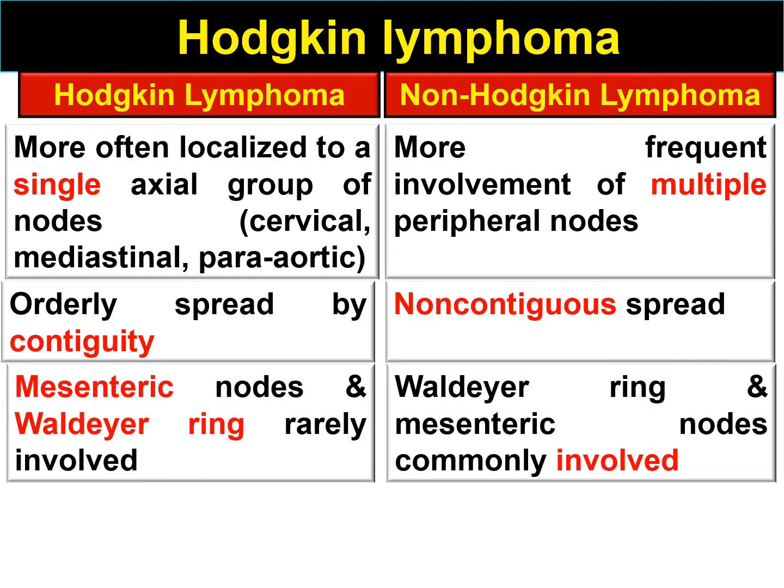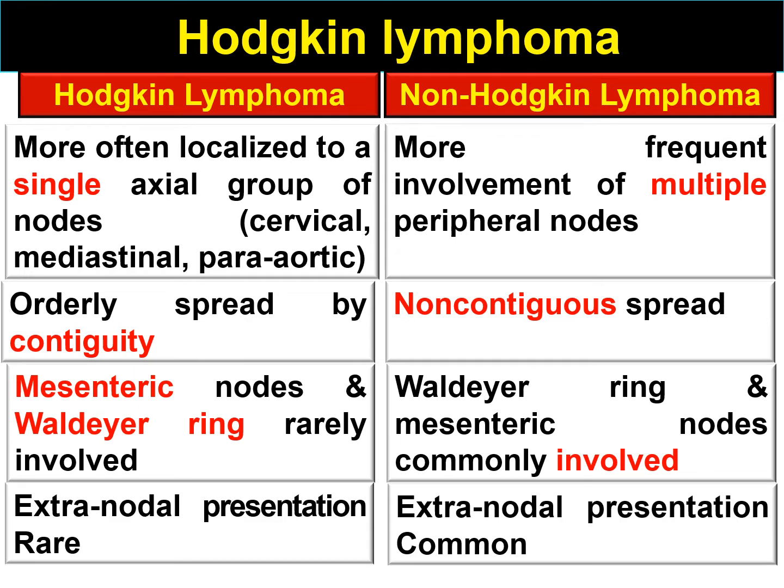In Hodgkin lymphoma, the mesenteric nodes and Waldeyer's ring are rarely involved, while there is frequent involvement of Waldeyer's ring and mesenteric nodes in non-Hodgkin lymphoma. Extranodal presentation is rare in Hodgkin lymphoma, while it is common in non-Hodgkin lymphoma.